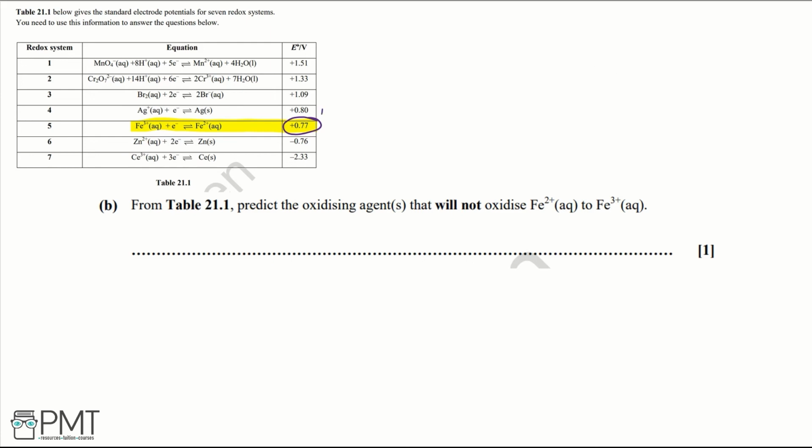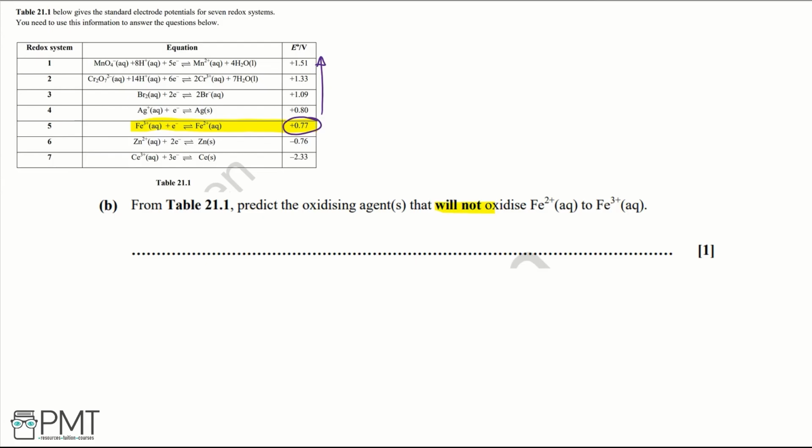So any of these cell potentials will shift the equilibrium to the left so that Fe2+ will be oxidized to Fe3+. But the question's asking what will not oxidize. So that means that it's going to have to be anything with an electrode cell potential lower than 0.77.